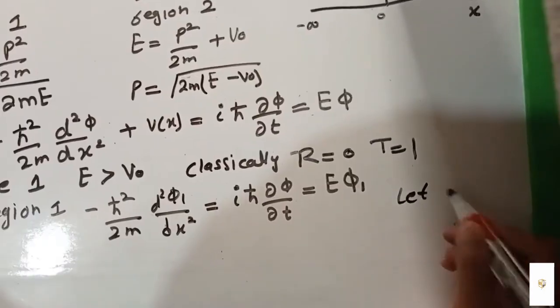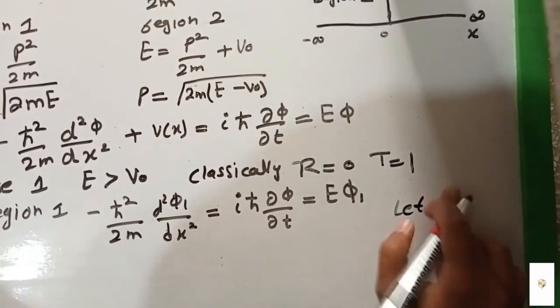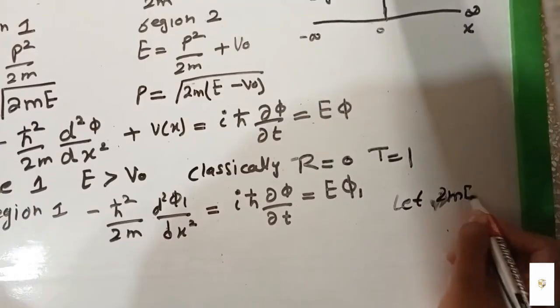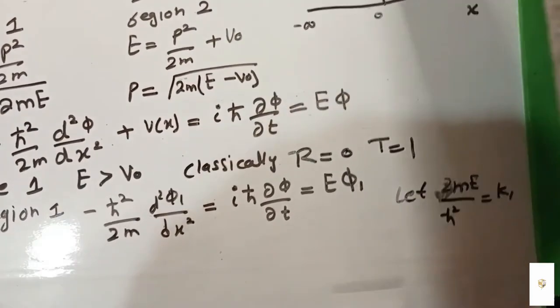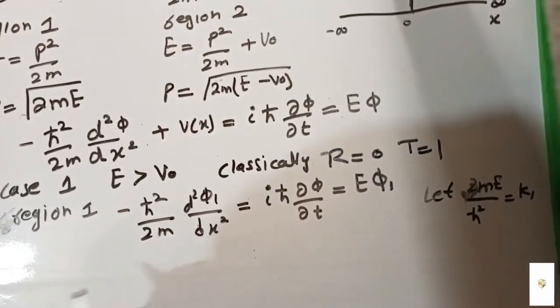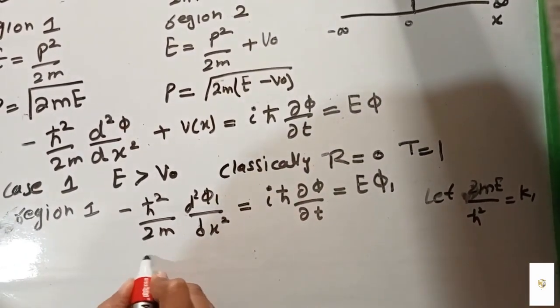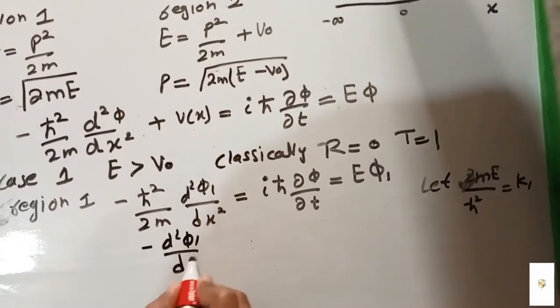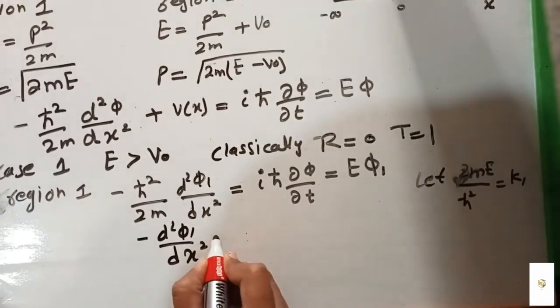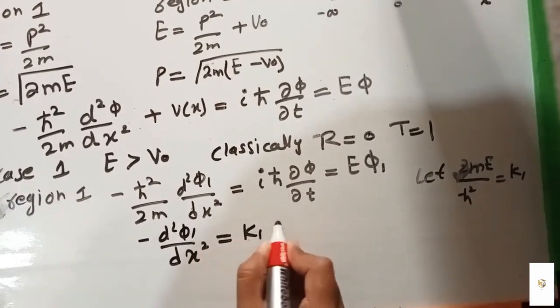Let 2mE over h cut square be equal to k1 square. So this equation becomes minus d square phi 1 over dx square is equal to k1 square phi 1.